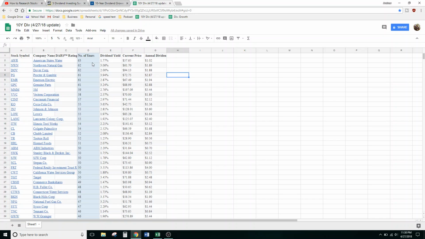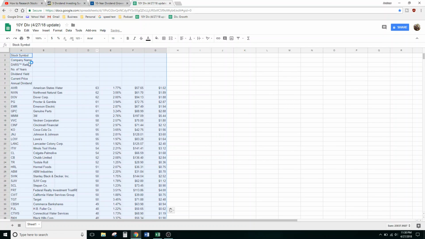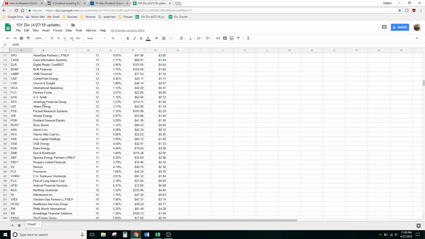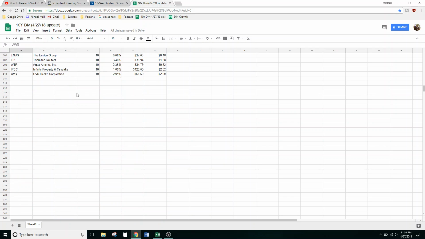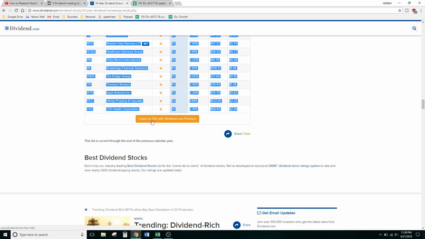Oh, I guess that works too. Okay. Never mind. Well, I guess Google Sheets works. Excel doesn't. If you try it in Excel, it just puts it all into one cell, and it's just not helpful. So I just helped you get away from this little dividend.com premium stuff.